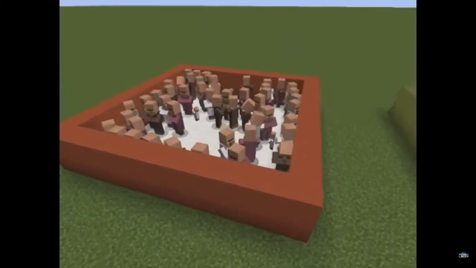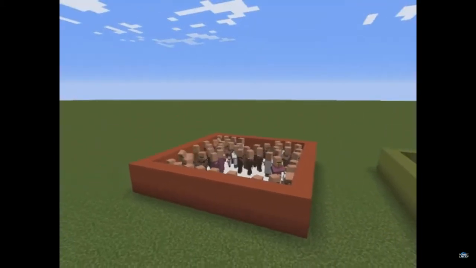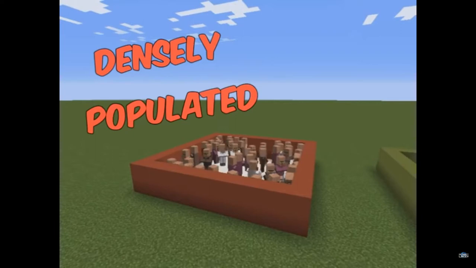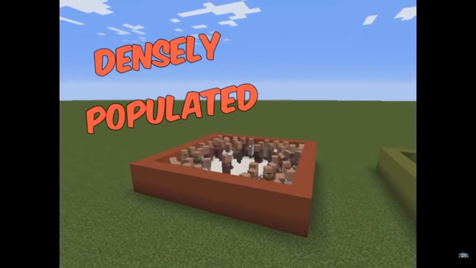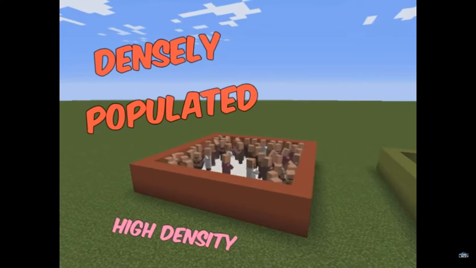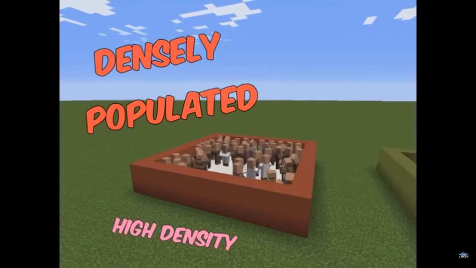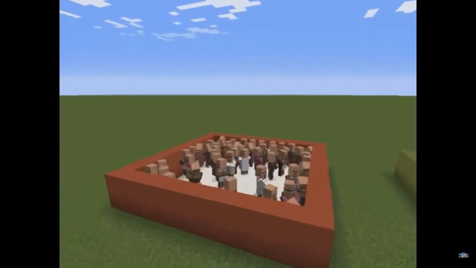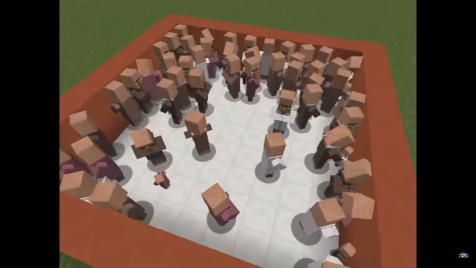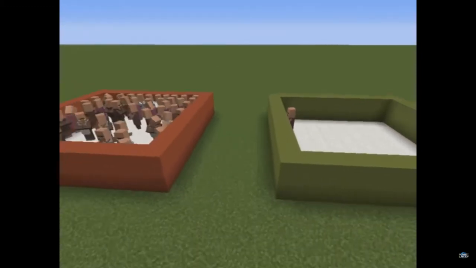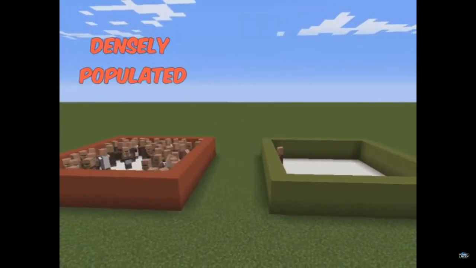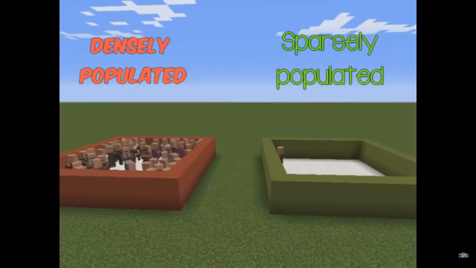Now this is very, very densely populated. There's lots of people there. Now another way to put this, of course, is that it is a high density area. Okay, so just to recap, here we have our densely populated and our sparsely populated areas.